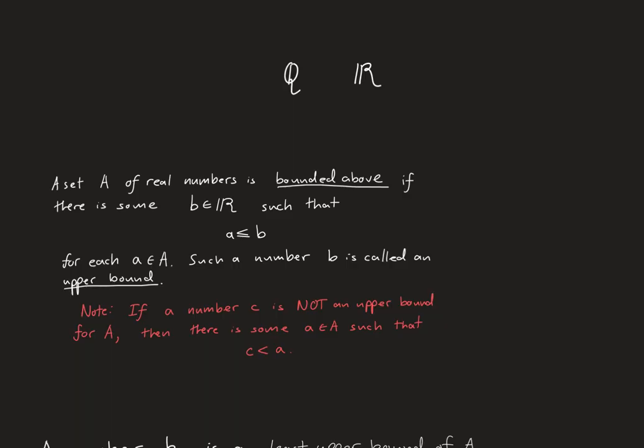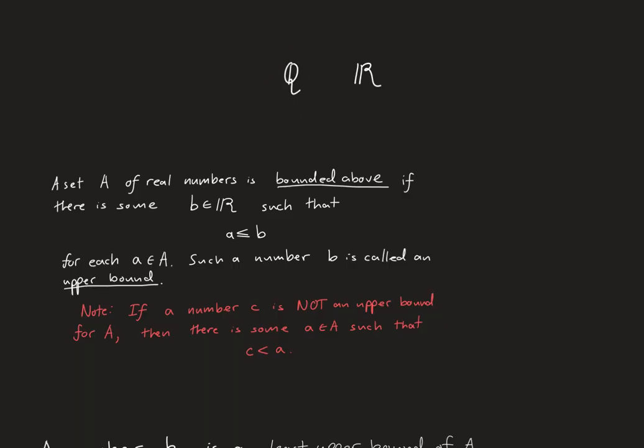They're both fields, and they're both ordered fields. So it begs the question, if they're both ordered fields, what makes this set different than this set? The difference comes from the idea of completeness. The real numbers are complete, whereas the rational numbers are not.